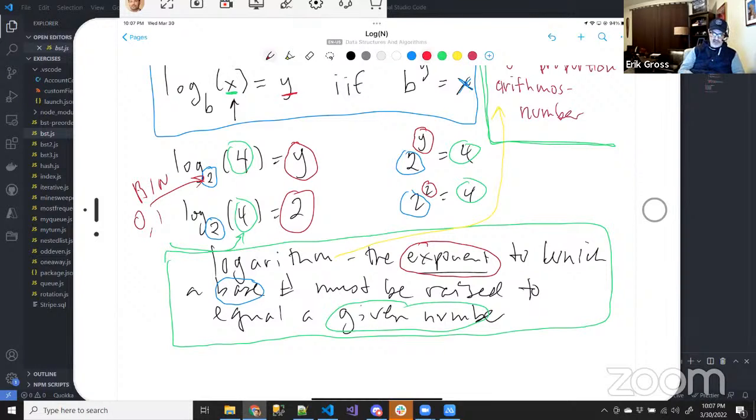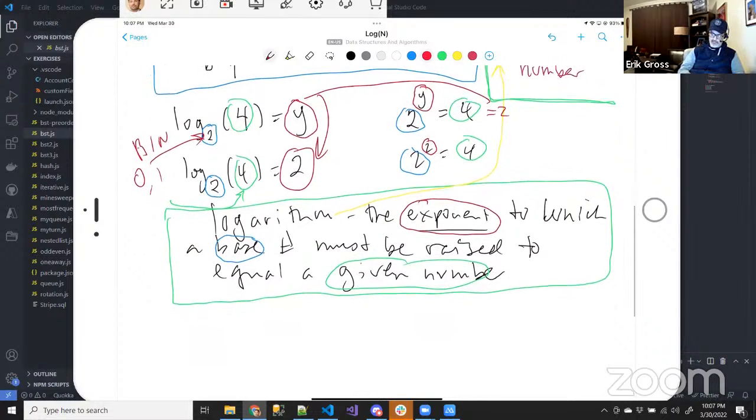And we said if a given number is 4, we need to solve what the log is. Then we can go, okay, well, our base raised to the power of what would equal 4? Well, 2 raised to the power of 2 would equal 4. So we know our log is 2, and that's what's right here.